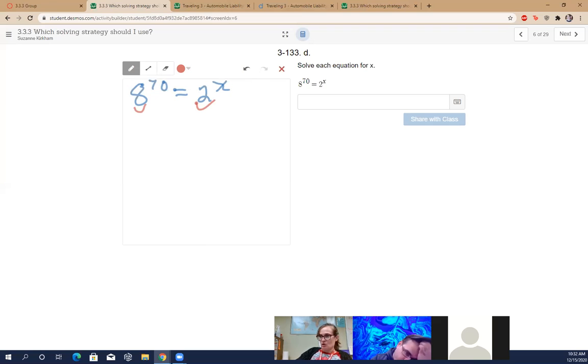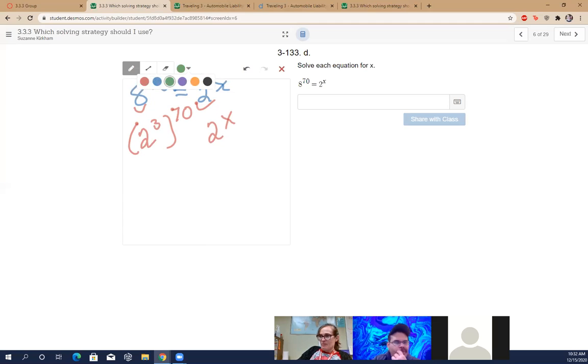So this side we'll just have 2 to the x, and then 8 is 2 cubed. So in parentheses, I'll put 2 cubed, because 2 times 2 is 4, 4 times 2 is 8. And then on the outside, I have the 70.